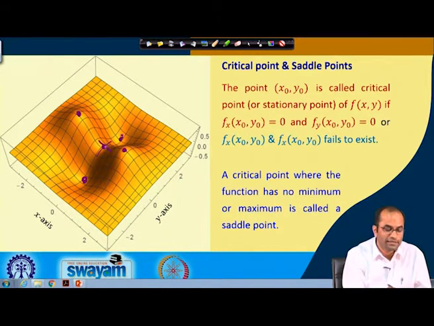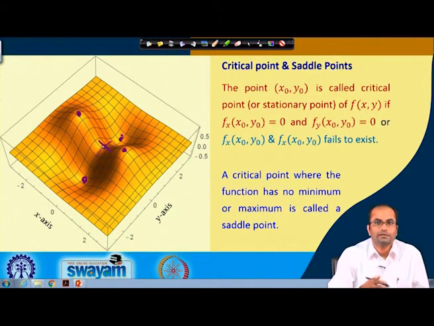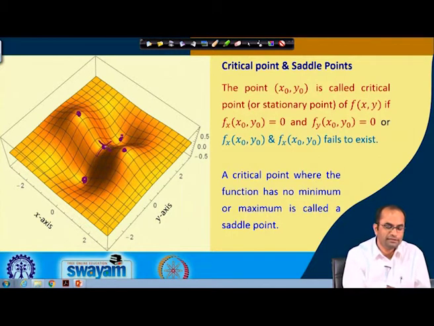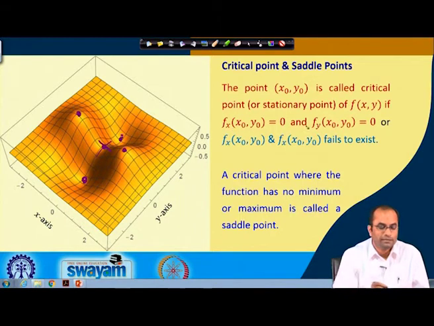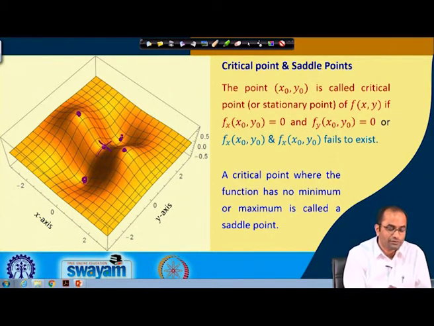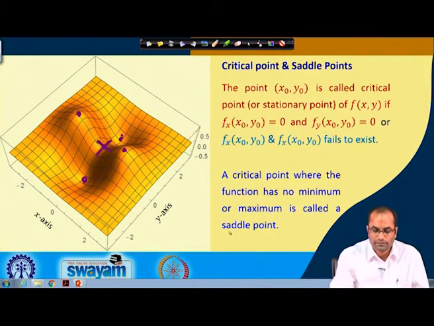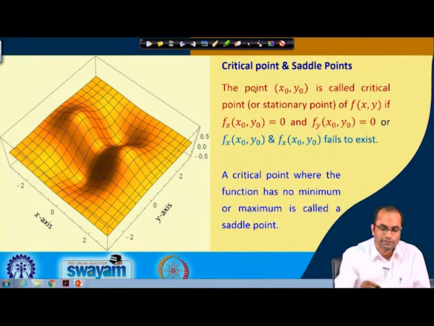So, this point we cannot identify as a local maximum or local minimum, though the partial derivatives here were 0 with respect to x and with respect to y. So, this is a stationary point but not a local maximum or local minimum, and such a point will be called a saddle point. That terminology we will use in today's lecture.